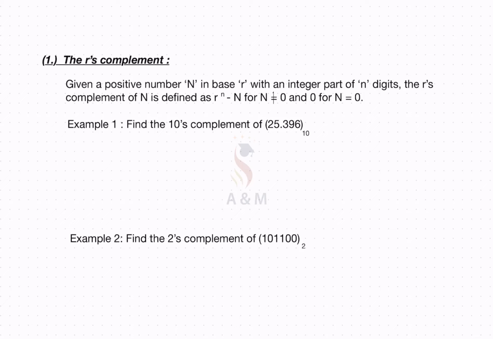That means the formula for R's complement is R to the power n minus N, where N is not equal to 0, and R refers to the base and the power n represents the number of digits in the integer part.